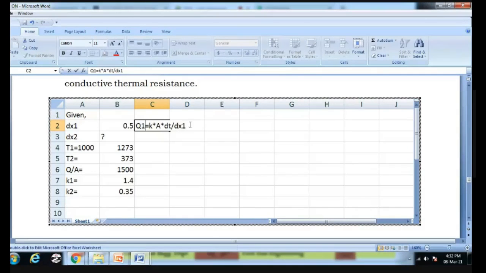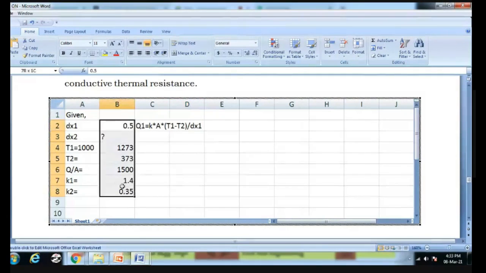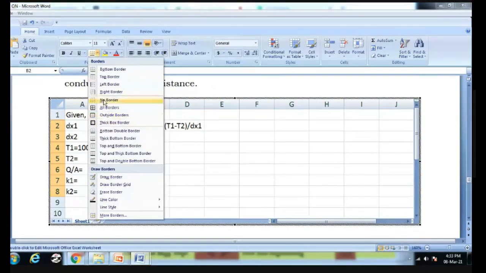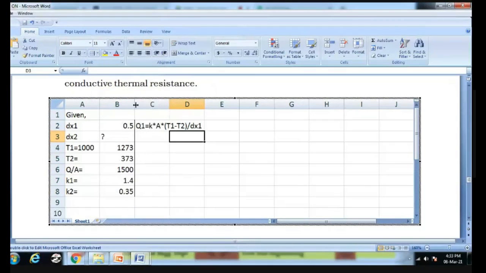This is also 1. dt is actually what? It is T1 minus T2. Okay, T1 minus T2. This is actually the formula of Q, correct? Actual formula of Q.